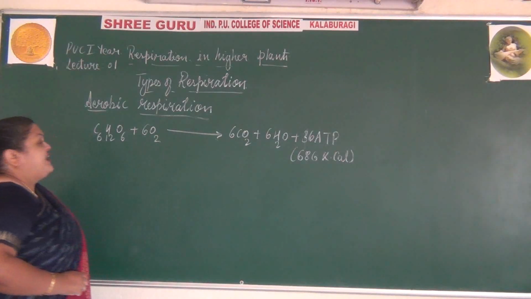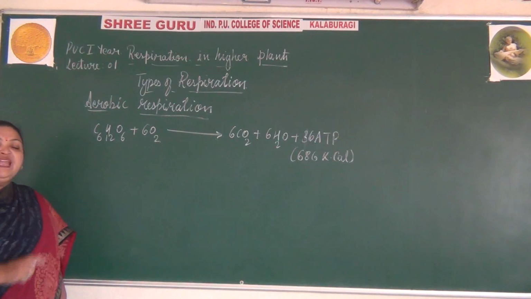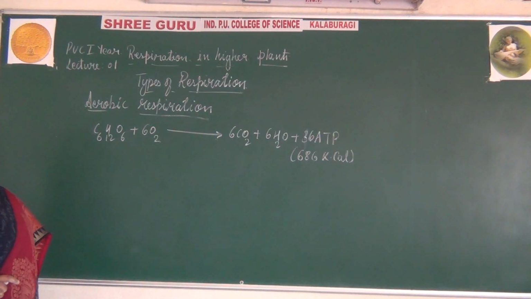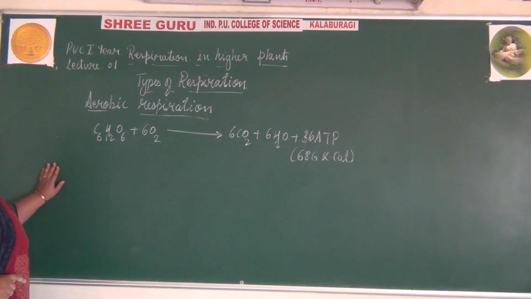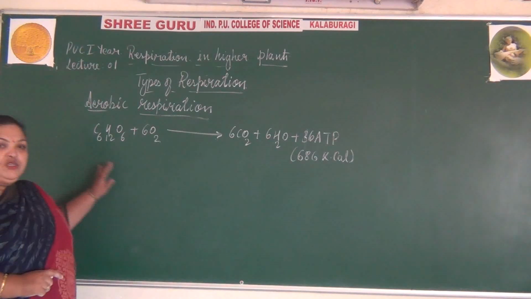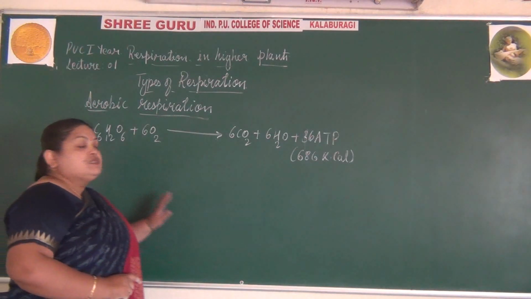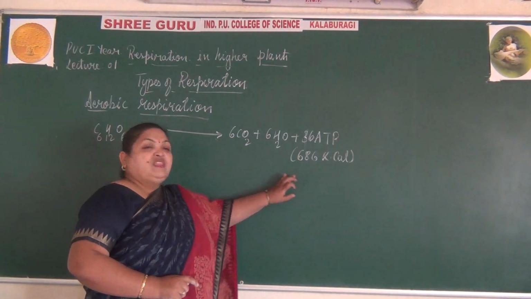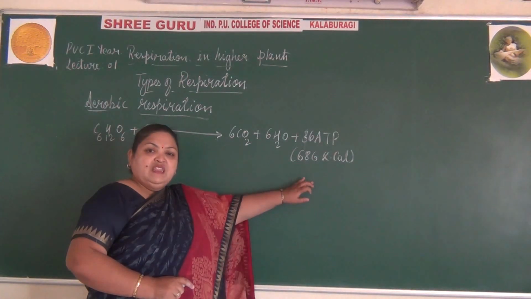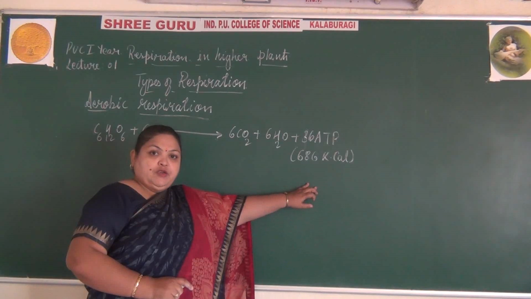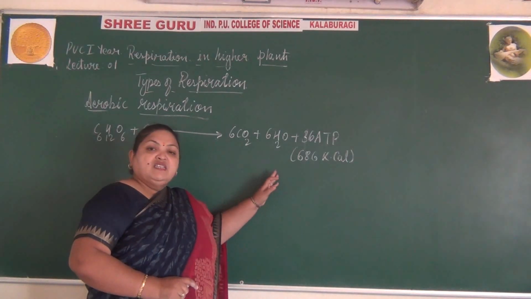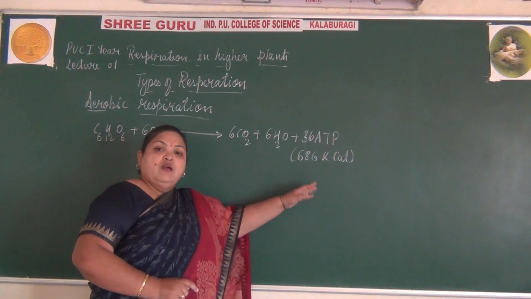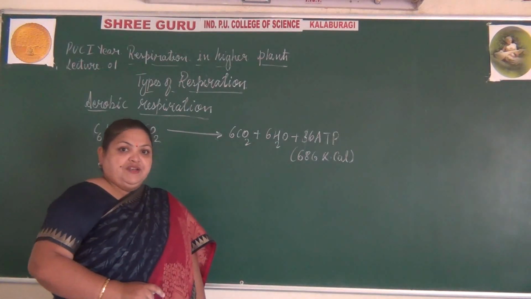So what is aerobic respiration? It is a type of respiration where the complex glucose molecule undergoes oxidation to release carbon dioxide and water with the release of 36 ATP molecules, that is nothing but 686 kilocalories of energy.